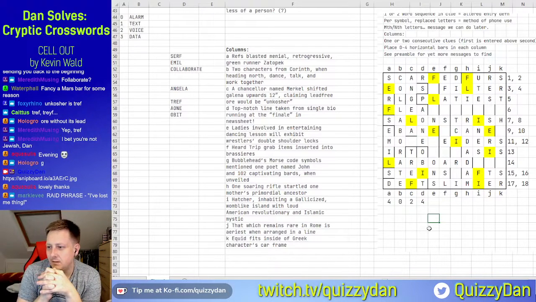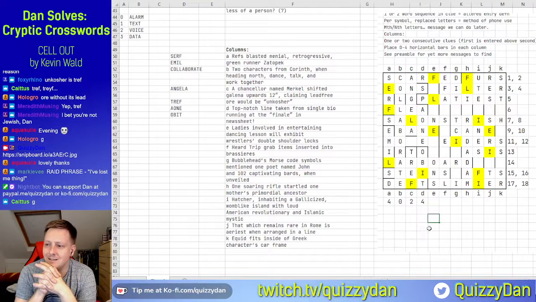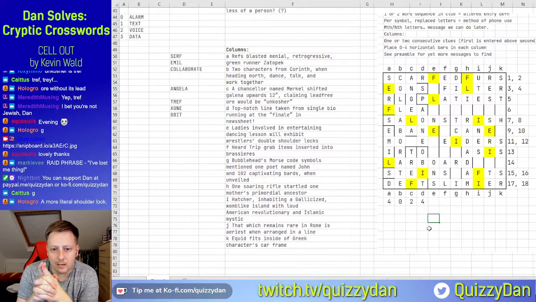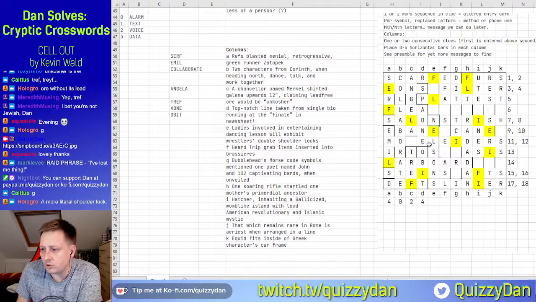Ladies. That's double L, maybe. In entertaining dancing lesson. Anagram of lesson. More literal, shoulder lock is okay. Nelson. A Nelson is a shoulder lock, I feel. So we've got Nelsons there. Double shoulder locks must be Nelsons then. Okay.